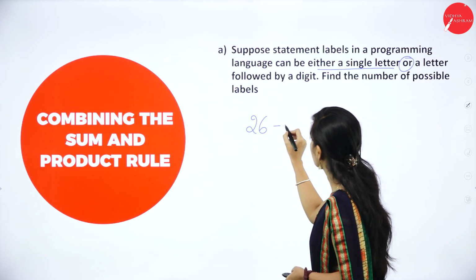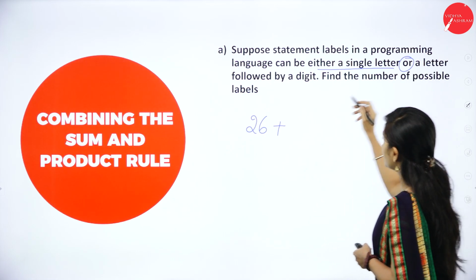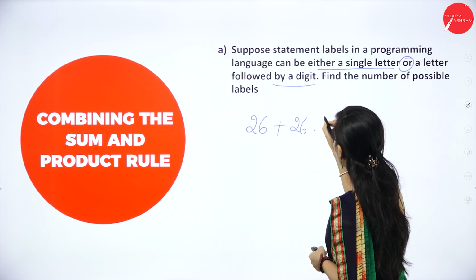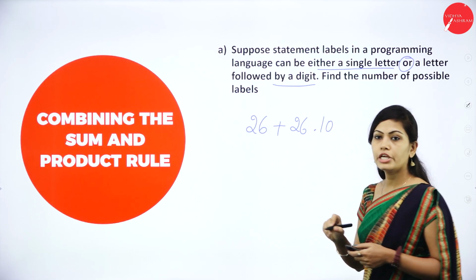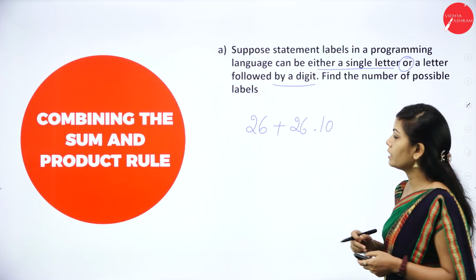Either a single letter, or, meaning plus, it is the sum rule, a letter followed by a digit. We can consider 10 digits, 0 to 9, in the programming language.